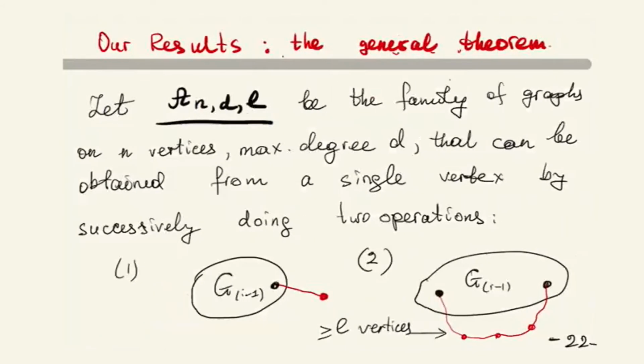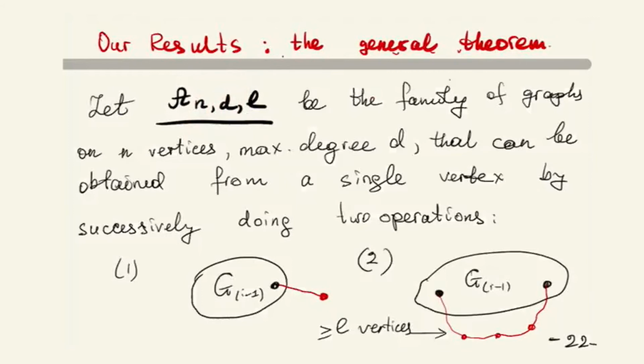So finally, the general theorem is the following. Take the following family, which we call A(n, D, L). This is the family of all graphs on n vertices with maximum degree D, where n is the number of vertices, D is the maximum degree, and L is something else. I want every graph in this family to be obtainable from a singleton vertex by the following operations.